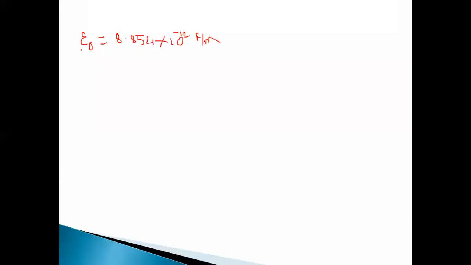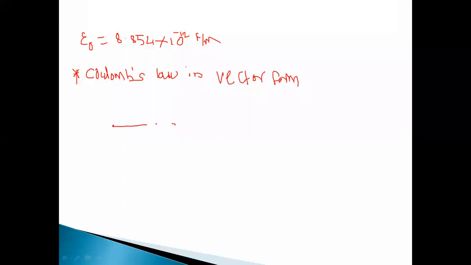Now we have to see this Coulomb's law in vector form. This is Coulomb's law in vector form. For this, you have to again consider these two charges, that is Q1 and Q2.